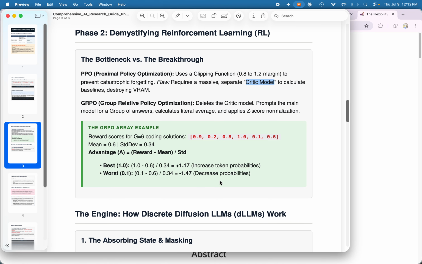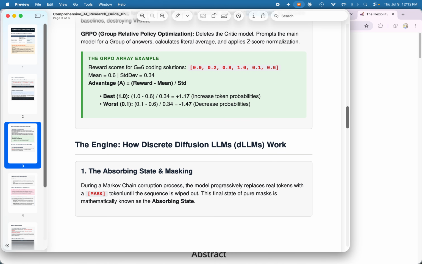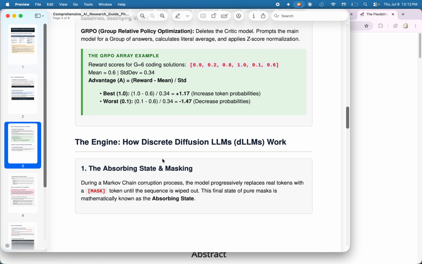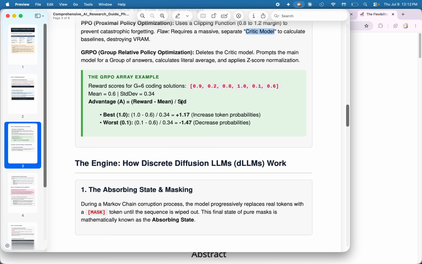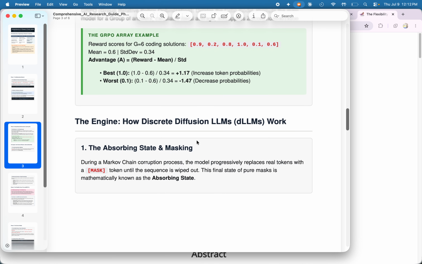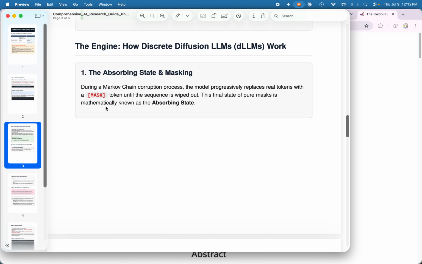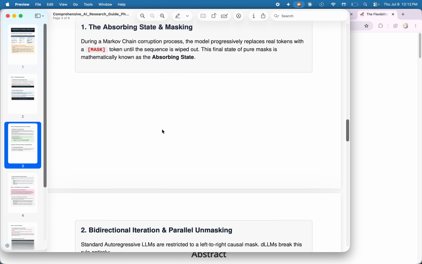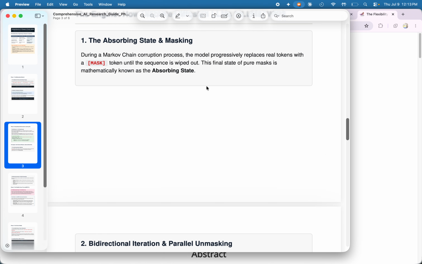So with that being said, before going on to phase three, we also need to understand how the diffusion model works. We already walked through this. We start with the observing state, where everything is masked, and then we unmask multiple tokens in an iteration, not one at a time.